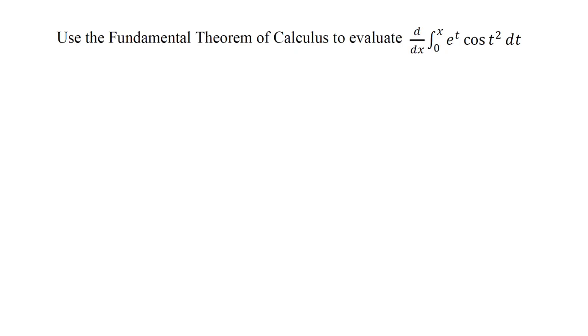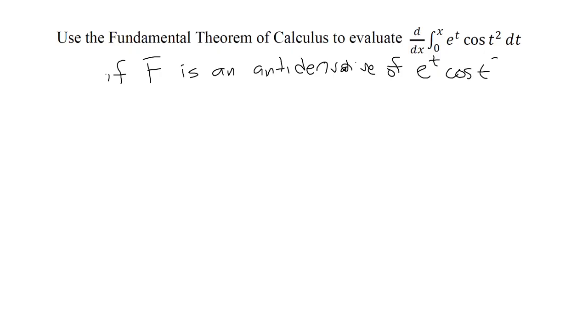We've essentially got the same thing going on here. We want the derivative with respect to x of an integral from a constant to x of this function. So if capital F is an antiderivative of e to the t cosine of t squared, then this should be the same as the derivative with respect to x of capital F of x minus capital F of 0.